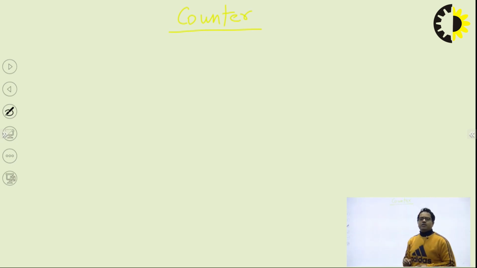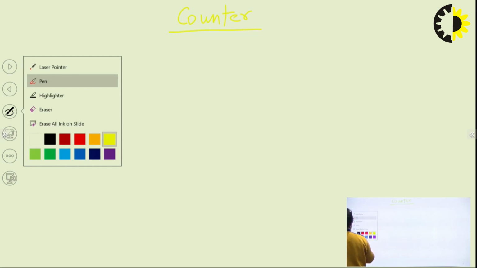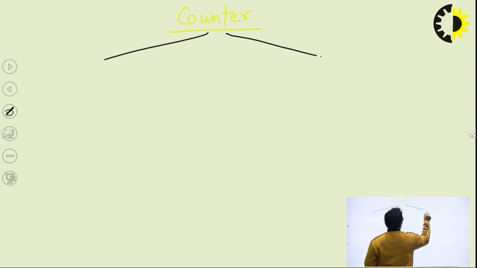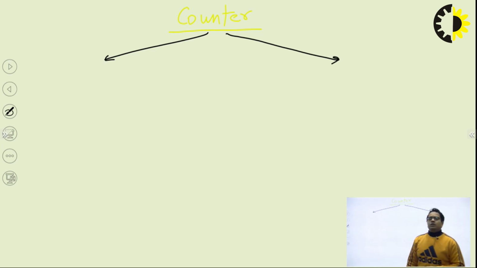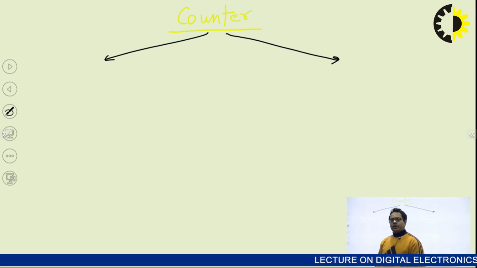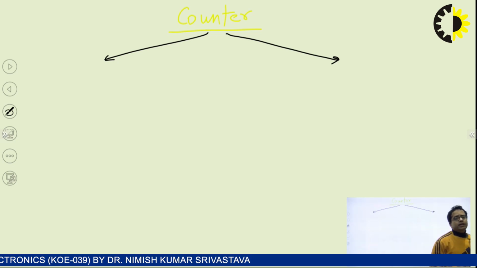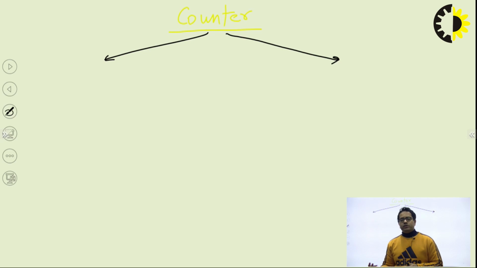We have discussed the counter applications. Now let us write down some description of the counter. A counter is basically divided into two categories. The first is called a synchronous counter, and the other is called an asynchronous counter.